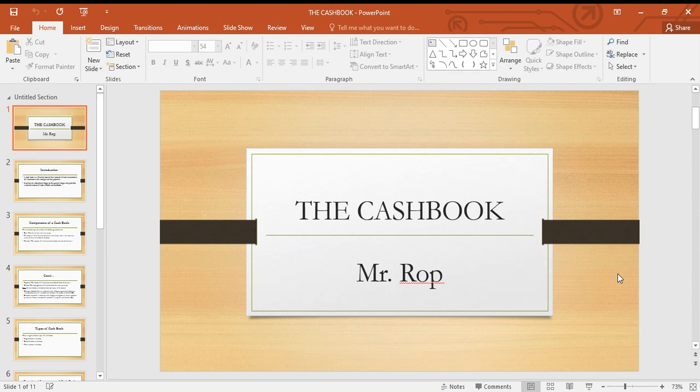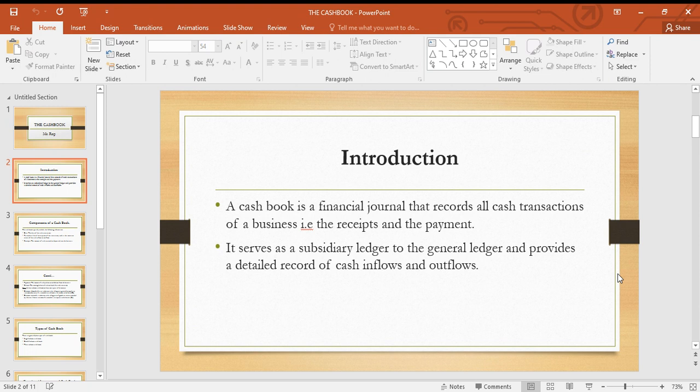Yeah, so I think that's it. A cash book is a financial journal that records all the cash transactions of a business, the receipts and the payments.